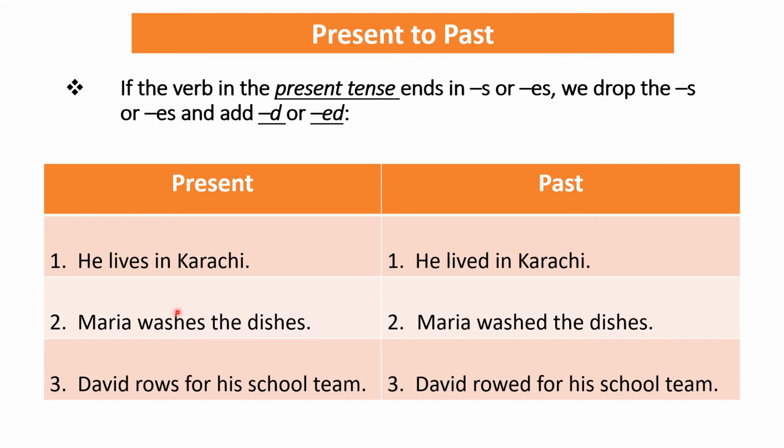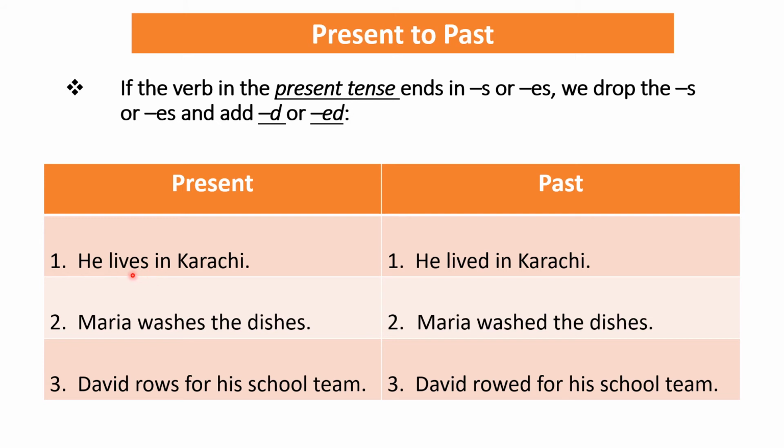In the same way, if the verb ends with an S, here this is a verb and this is ending with an S. So we drop the S and add ed or D. We drop the S or ES and we add D. Here in the present tense, as you can see, lives is the verb.